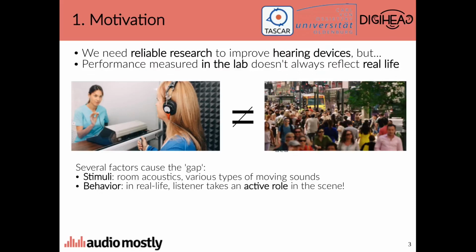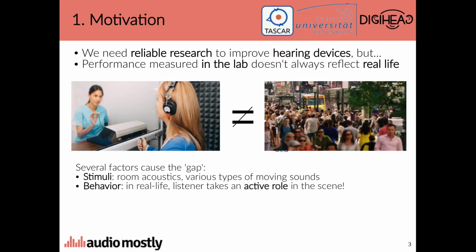So there are several factors that influence this gap. First is the stimuli itself, so the sounds that we can hear in those two environments. In this lab environment, the sounds will be limited.